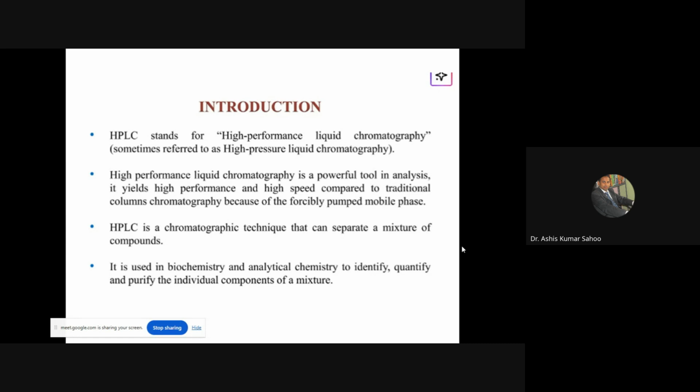Especially we can separate enantiomers. So in stereochemistry we know that HPLC is a chromatographic technique that can separate a mixture of components used in biochemistry.